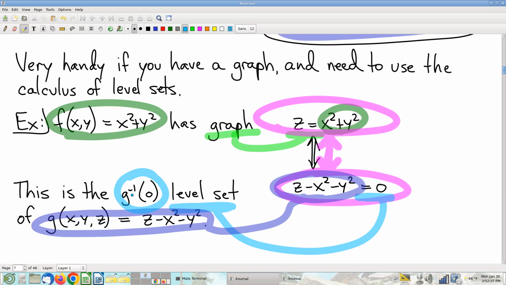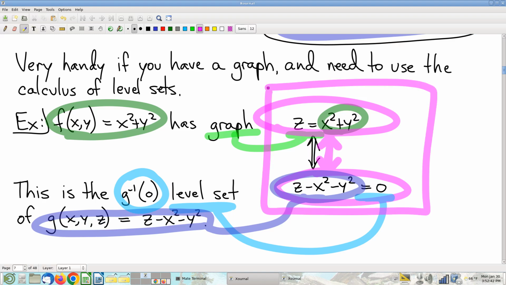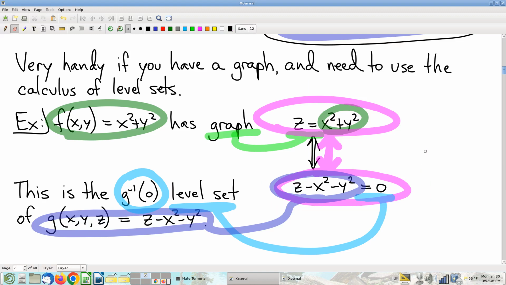So one thing that's important to keep in mind is that both of these are the same equation, morally, right? So where did the new dimension get created? I would argue that we started with a function of two variables, and then by setting it equal to z, now we have an equation involving three variables.